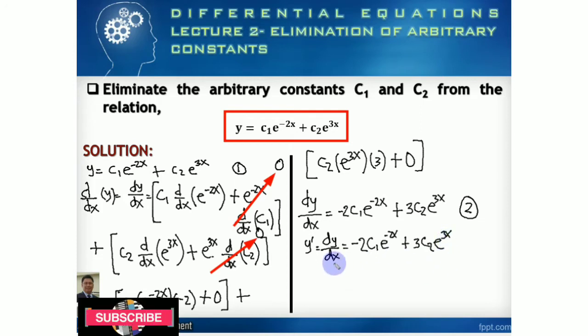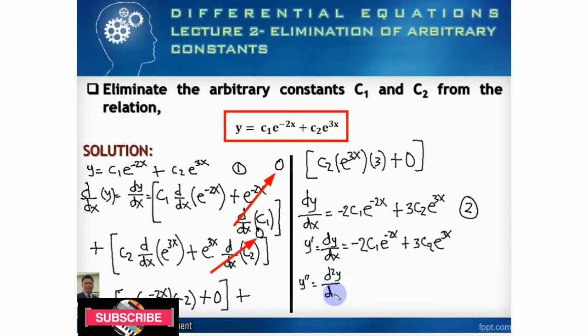No, so this is just equivalent to your y prime. So we are using now this y prime in terms of this dy over dx. So we are done with our first derivative, and since our arbitrary constants are 2, we need to get the second order derivative. Okay, so we have now this y double prime, which is equal now to your second derivative with respect to x to this one.